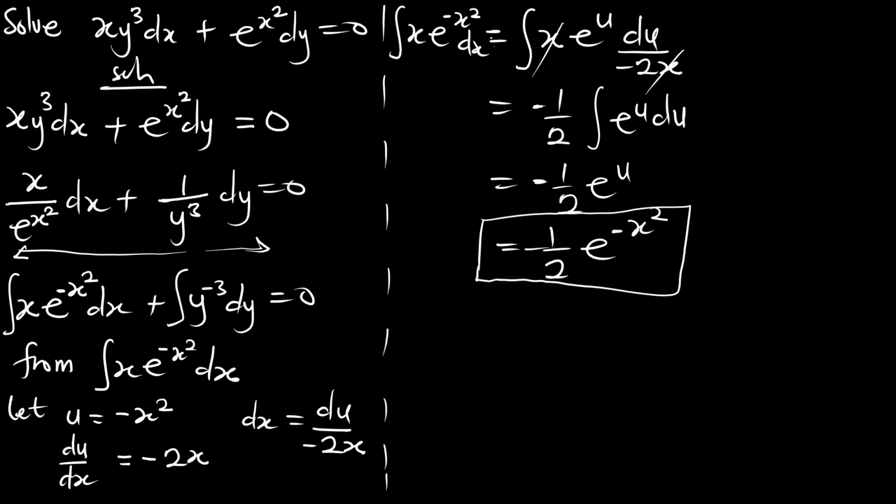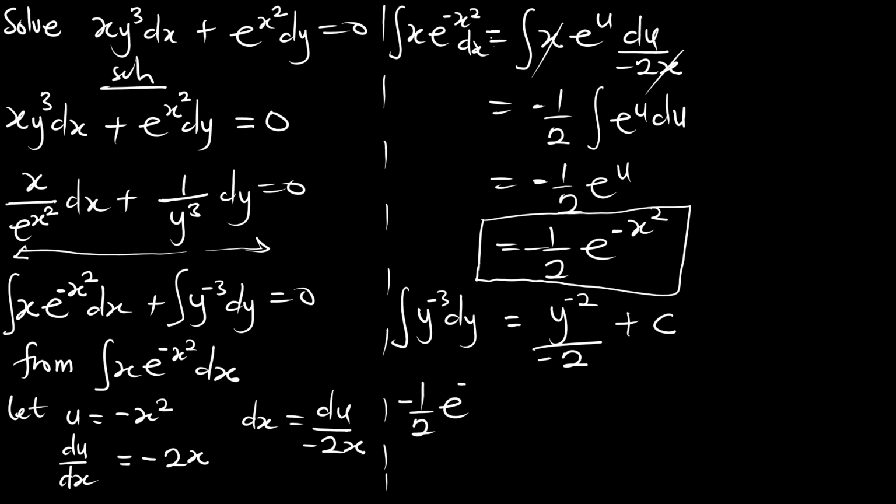What about the second part? The integral of y to the negative 3 dy is very simple. We are going to have y to the negative 2 over negative 2 plus c. Very good. So if we combine everything, our answer is going to be negative half e to the negative x squared minus y to the negative 2 over 2 plus our constant is equal to 0.